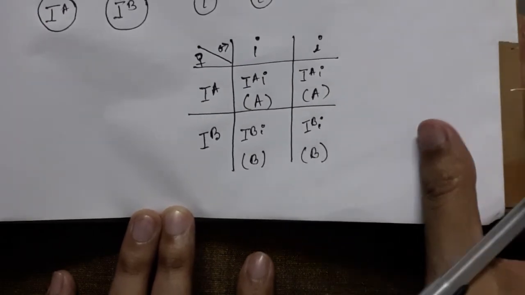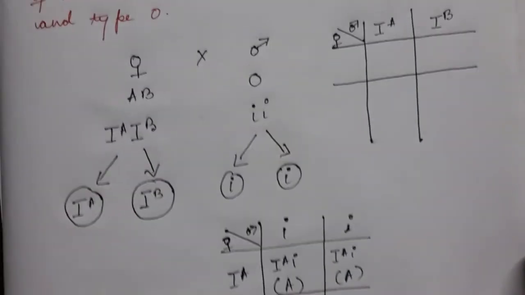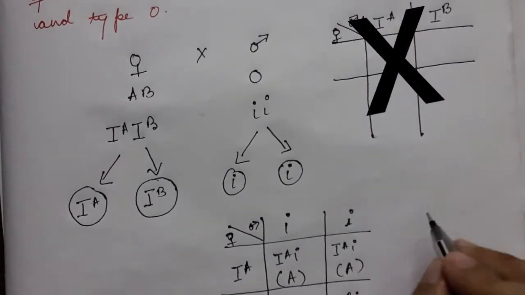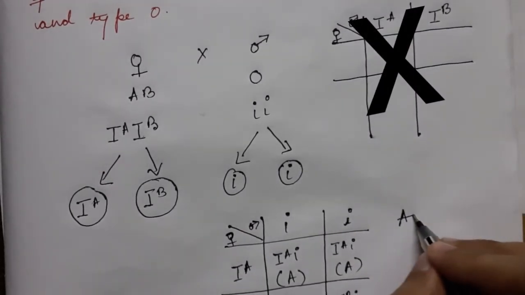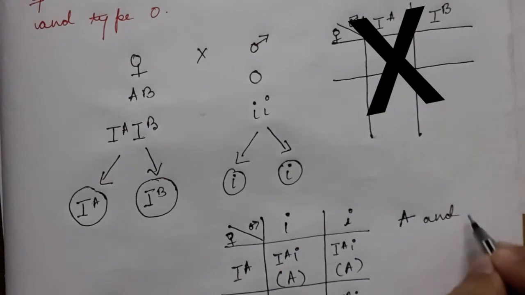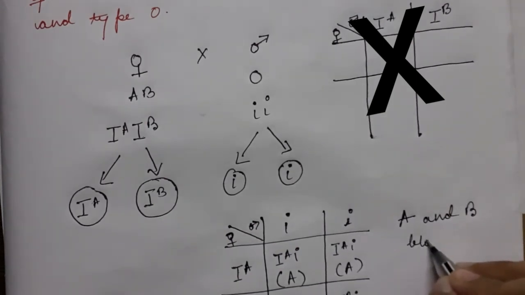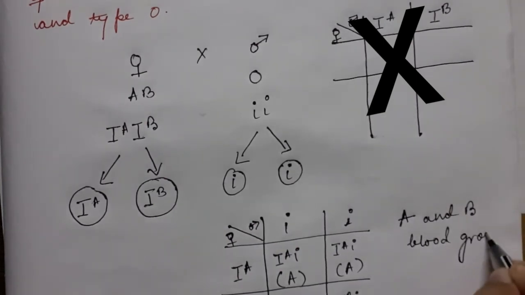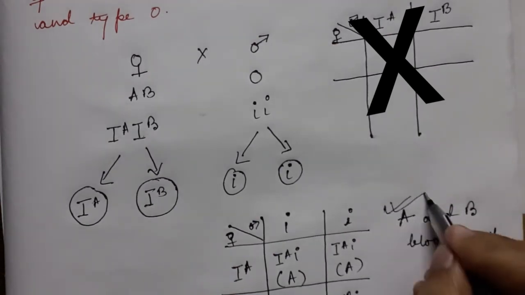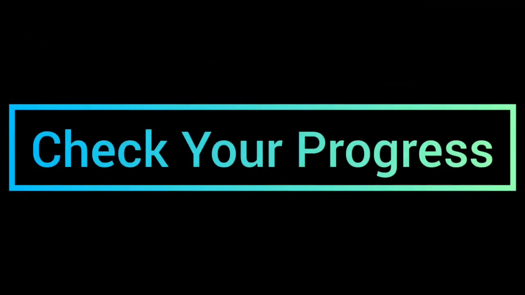So a cross between AB and O type will lead to offspring of A and B blood group. This is the answer. Try to solve this question on your own.